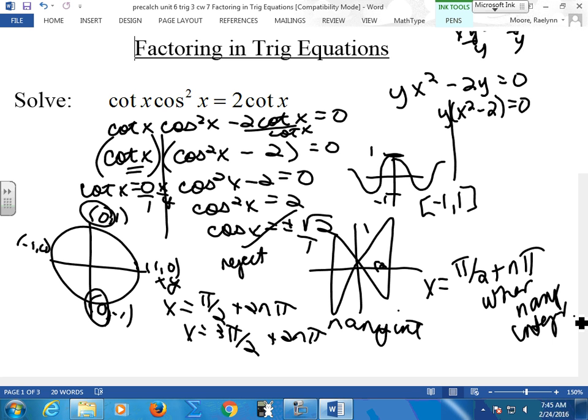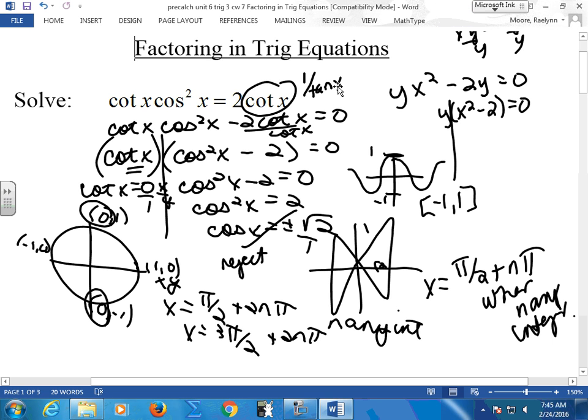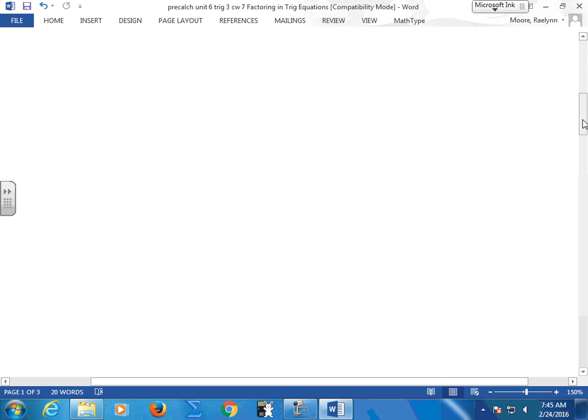Just plug it into your equation. Set your calculator in radians. How do I do a cotangent in my calculator? 1 over tangent. Sometimes your calculator will do 1 over tangent, sometimes it doesn't, depending on if it's going to give you a 0 in the denominator. Then it's going to say undefined or out of the domain or something. It gives you some kind of error.